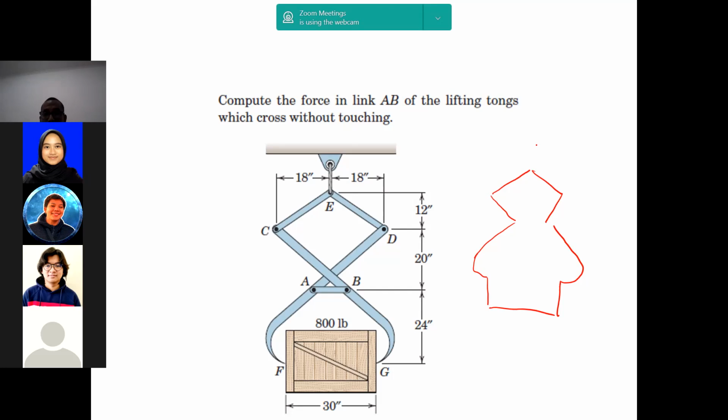Tension on the rope, and the weight, 800 lbf, right? Using sigma Fx equal to 0, we can easily find T, right? So T is supposed to be 800 lbf, right? Yes.